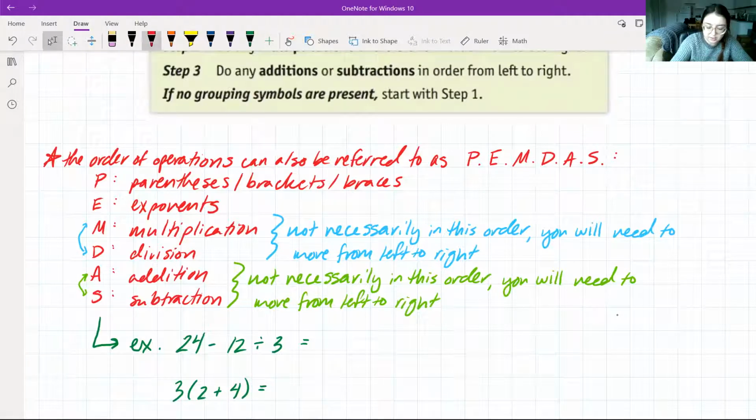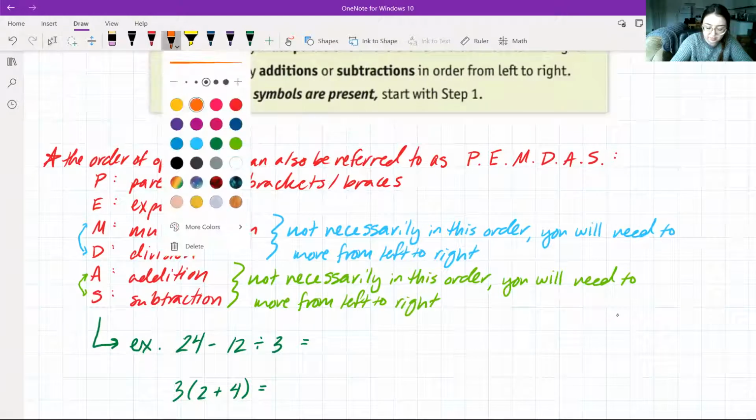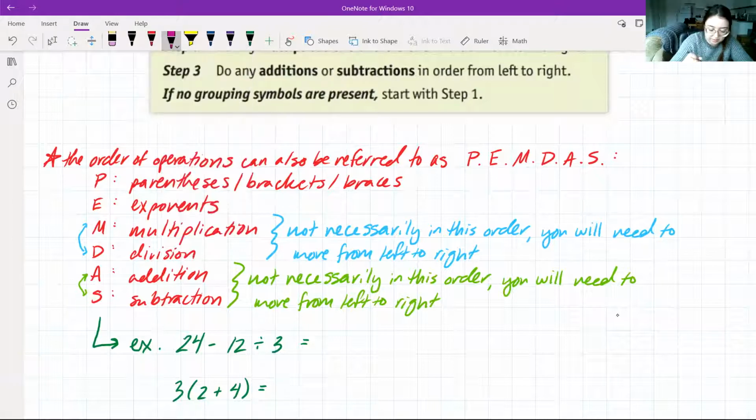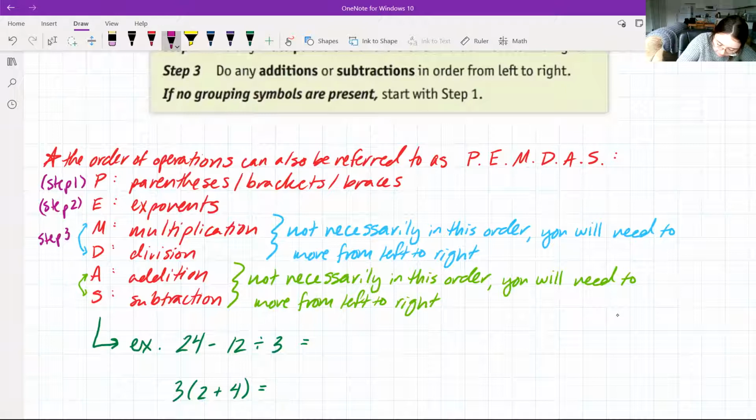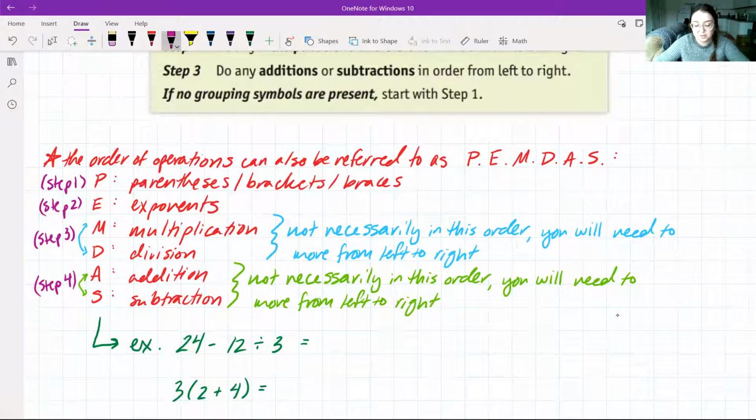So let's actually write these out. Here is step 1, step 2, and then we have step 3 and step 4. So step 3 would be our multiplication and division, not necessarily in this order.